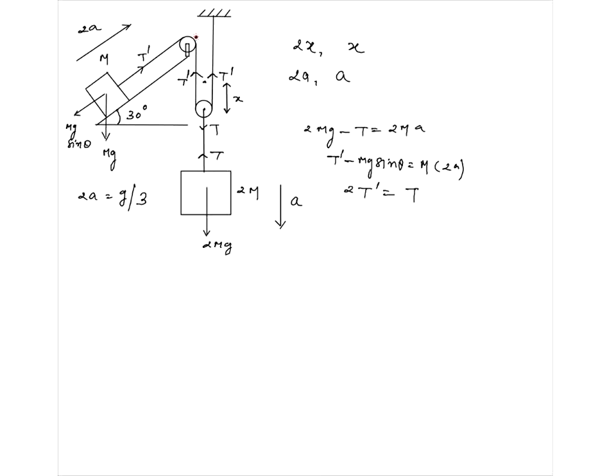There are going to be quite a few variables. One tension here, another tension here, then acceleration. And these two accelerations are not going to be the same because this movable pulley is involved. So 4 variables: one tension, another tension, one acceleration, another acceleration.